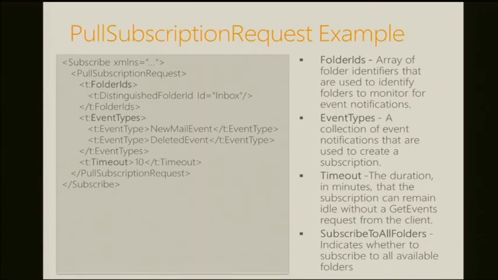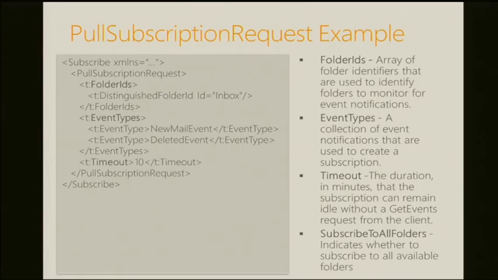Then we have the event types, and I have another slide that will go through all the types you can register for, but this is an explicit list of events you're saying you care about. It could be every event you could get, or just a subset, such as just new mail or deleted items. You set that here.